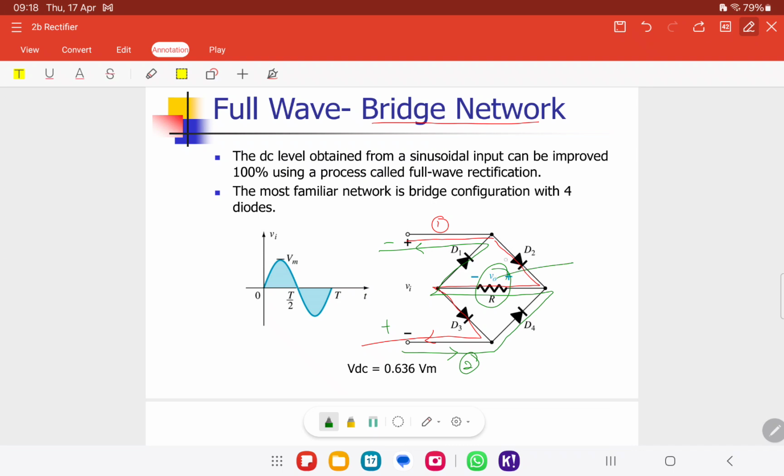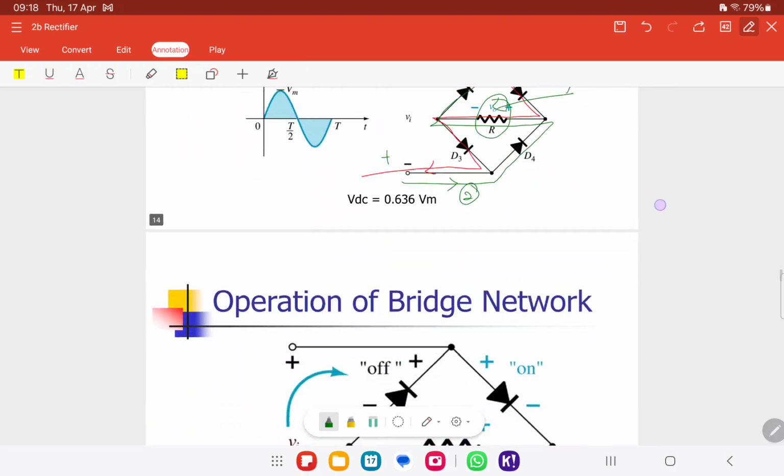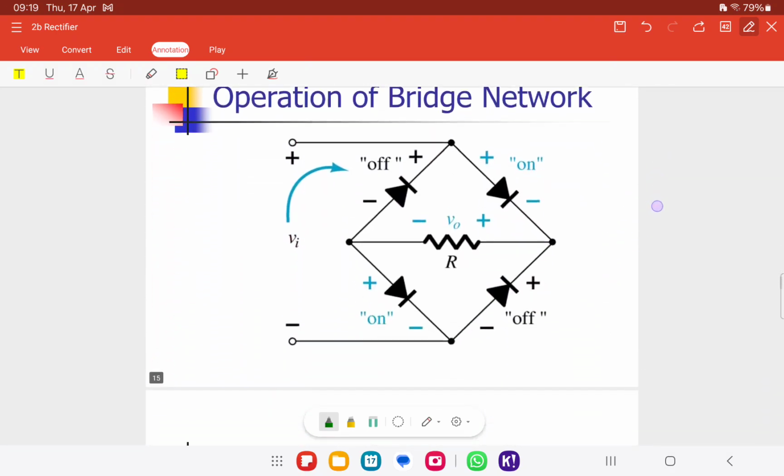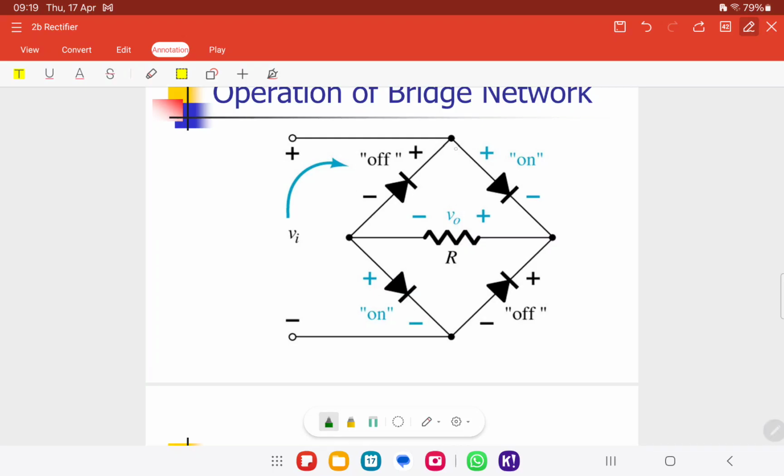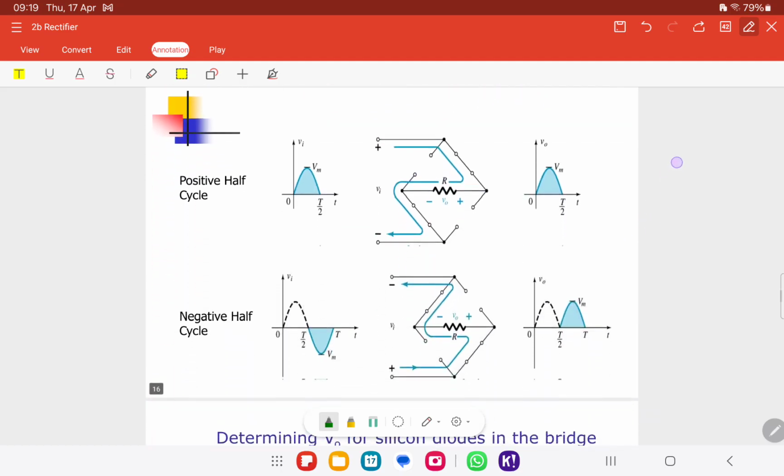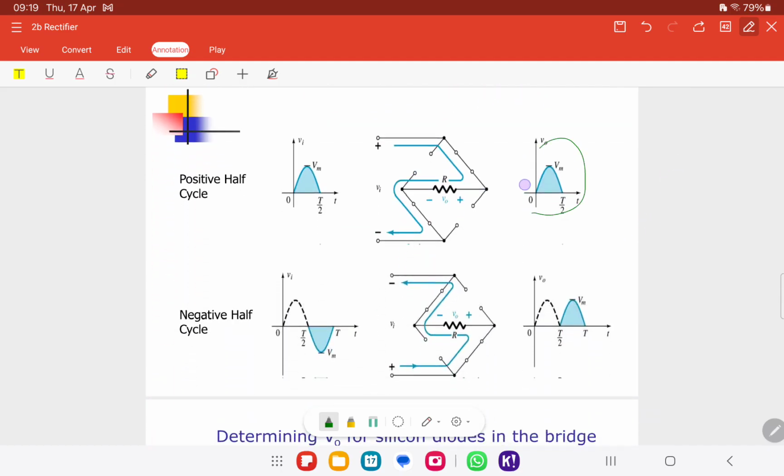That is why we call this the bridge network. When the current passes through one path, one diode is on and the other is off. So we can get the positive cycle for the first path.